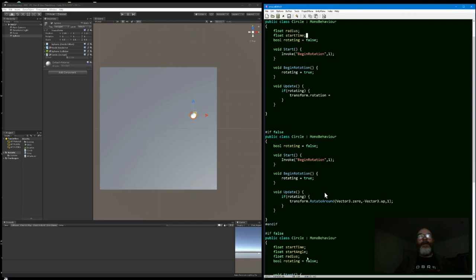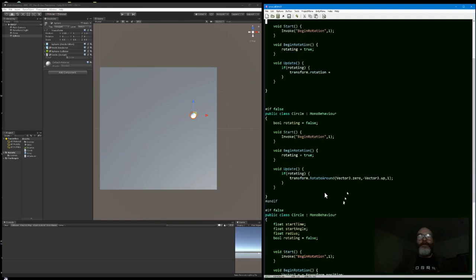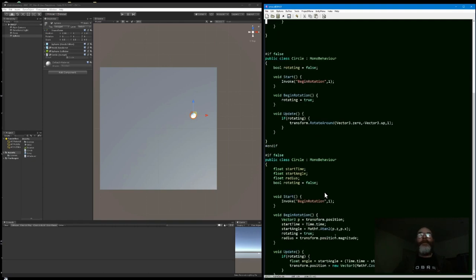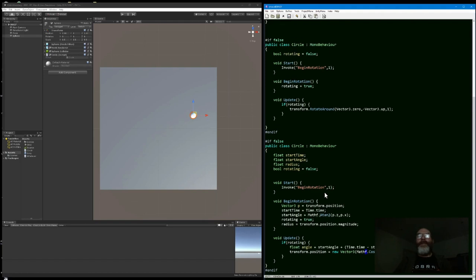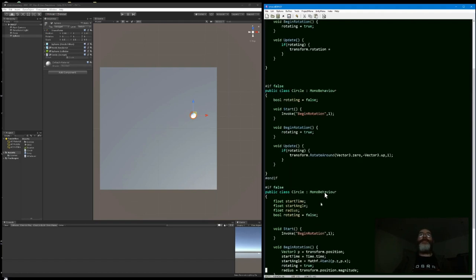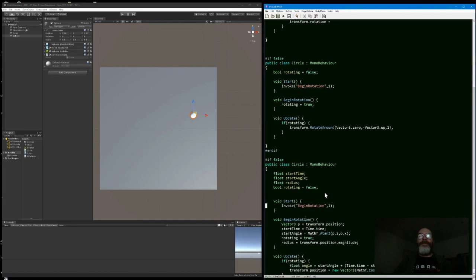No, that is the radius, right. Do I need the start angle? Yeah, I'm going to need the start angle. So in fact, I end up needing the same stuff, but what I'm going to do is not use sine and cosine. I probably need to use the atan too, because I need to set up the start angle.